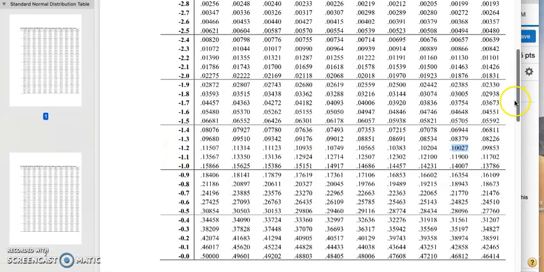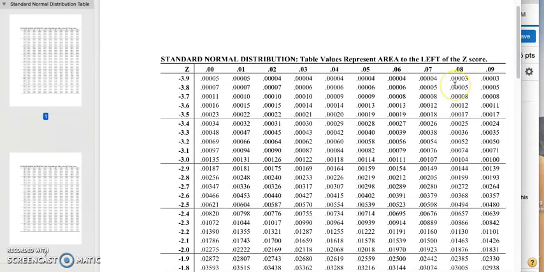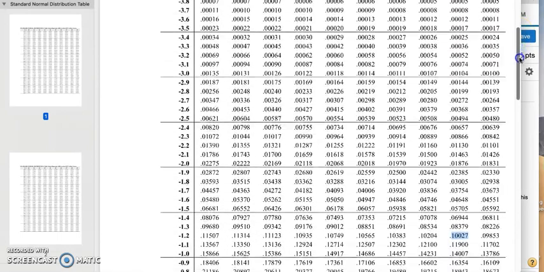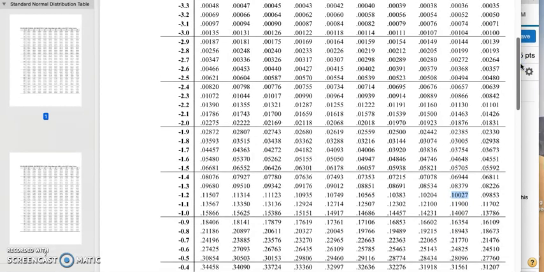Let's go up to check, it should be 0.08. So that means a z-value of negative 1.28 has a probability of 10%. Let me rephrase that: Z has a probability of 10% of being less than or equal to negative 1.28.